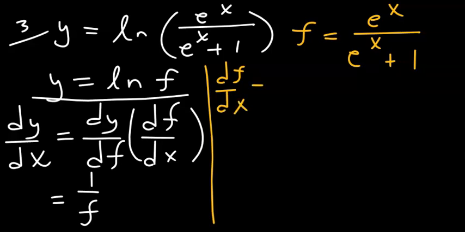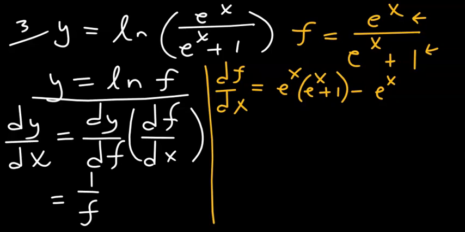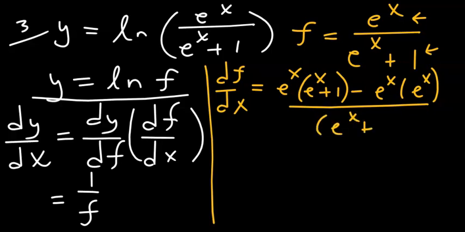df/dx. Now we can use the quotient rule. First, take the derivative of e to the power x. That is just e to the power x. Write down the denominator, e^x plus 1, minus the derivative of the denominator. That's going to give you just e to the power x, and then you multiply with the numerator, e to the power x, divided by the square of the denominator.